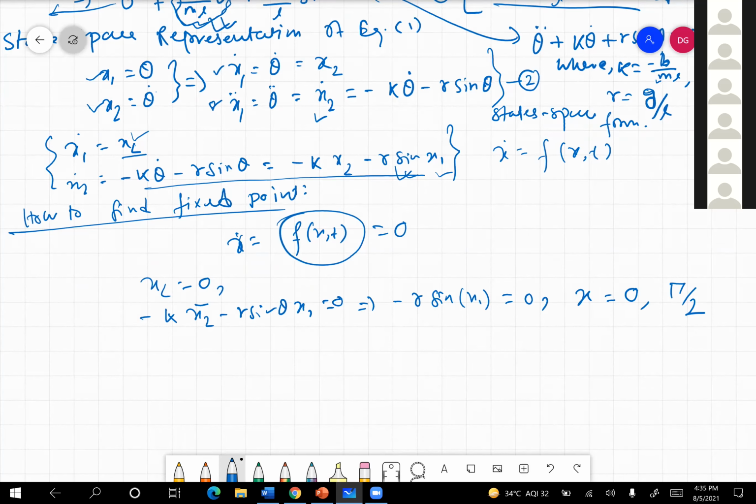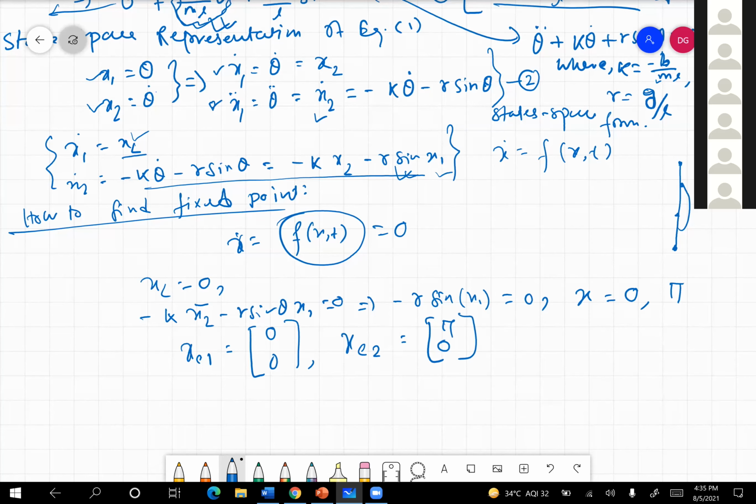So I can define my two equilibrium points: xc1, which I can write as (0, 0), and the other equilibrium point is (0, pi).